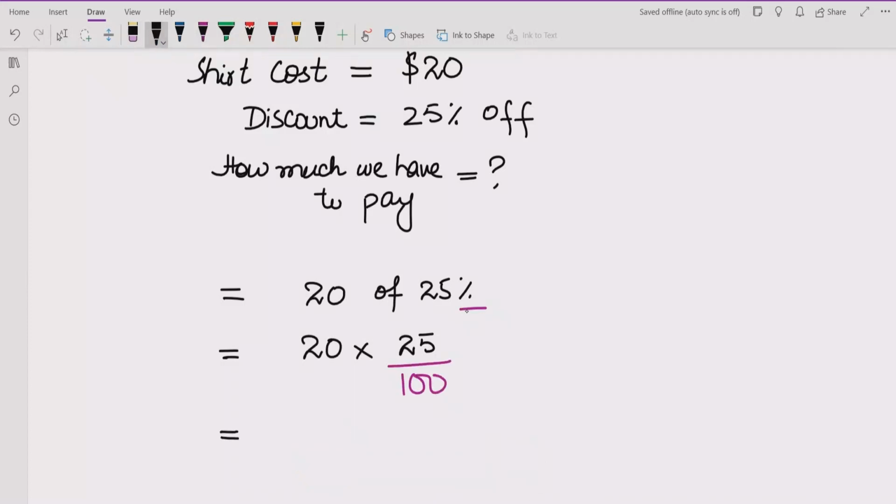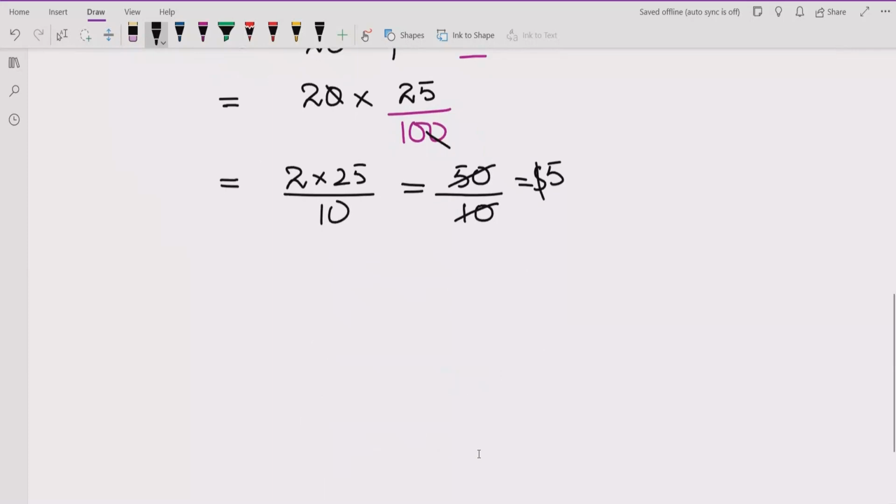Here we have 20, and the 0 is cancelled from this one. Now we have 25 upon 10, which equals 50 divided by 10, which is $5.